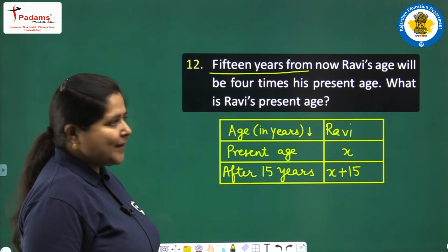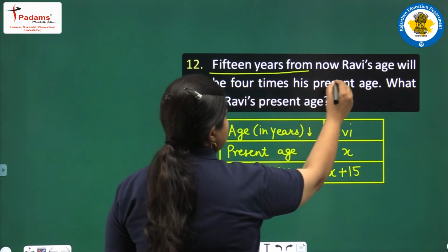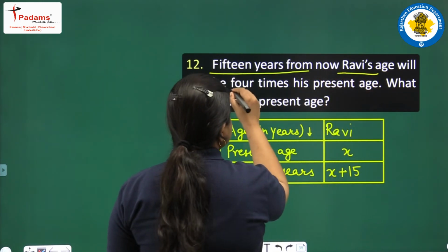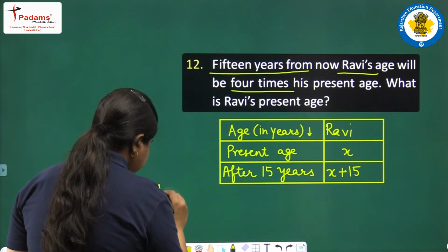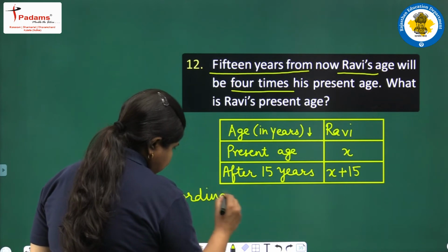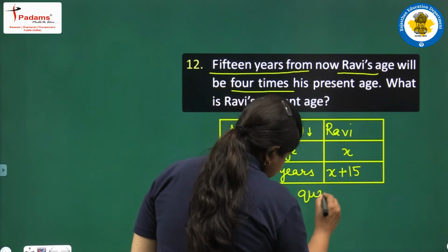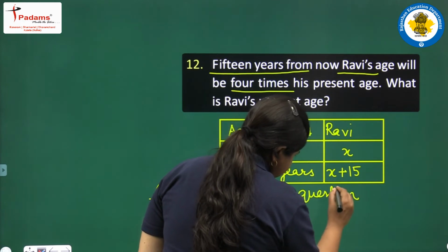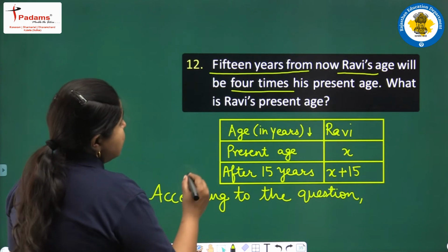Is it okay? Then we have the statement 15 years from now, Ravi's age will be 4 times his present age. So, we can form one equation according to the question. What will it be?